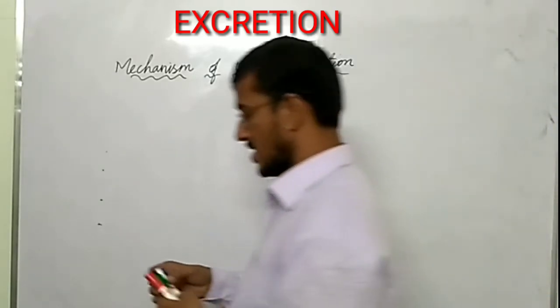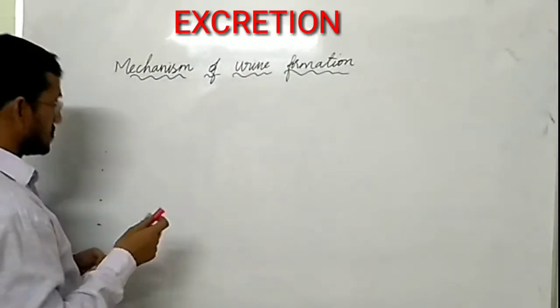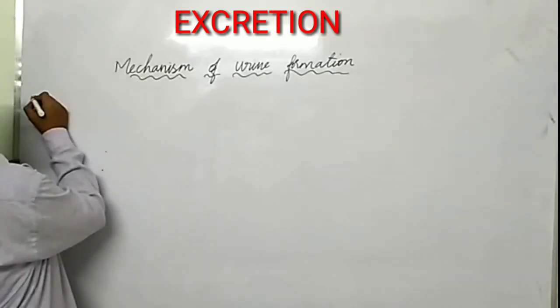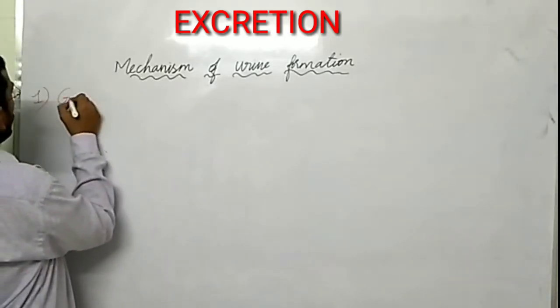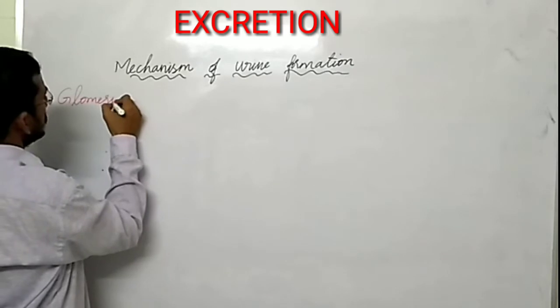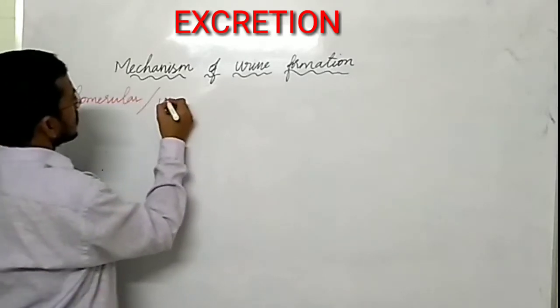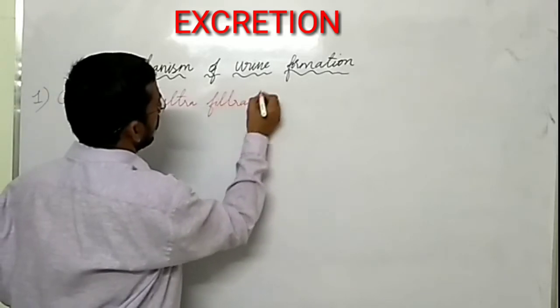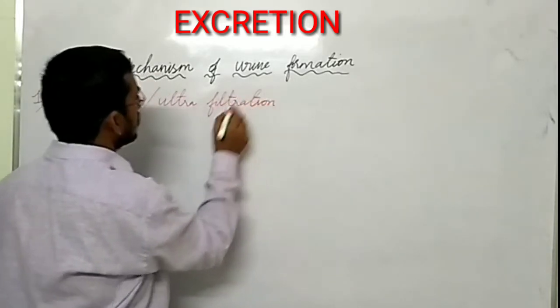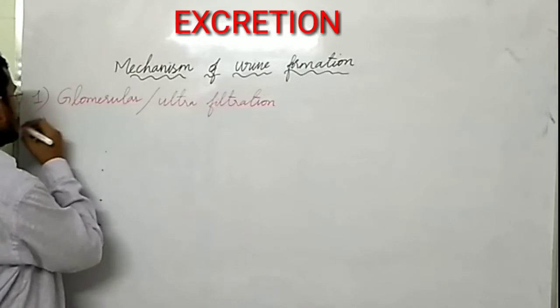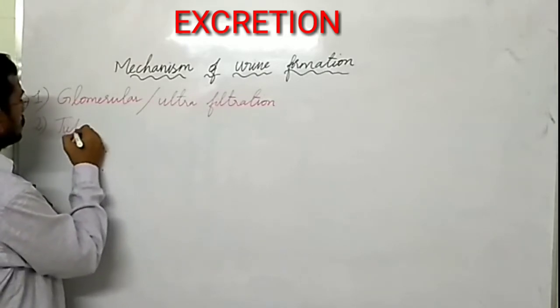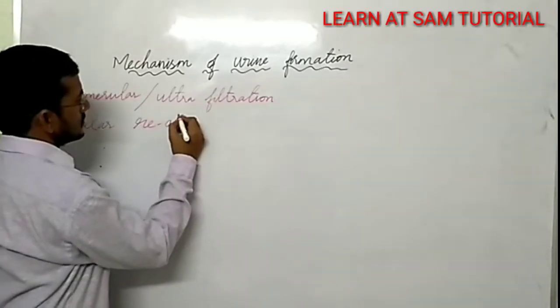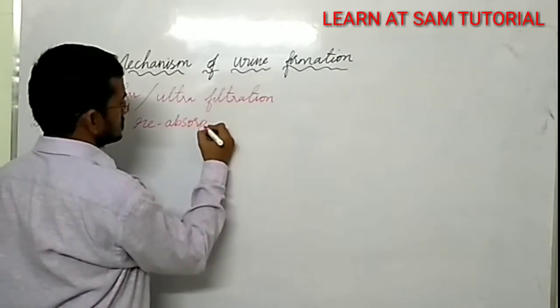First one is glomerular filtration. First step is glomerular or ultrafiltration. Second step is tubular reabsorption.